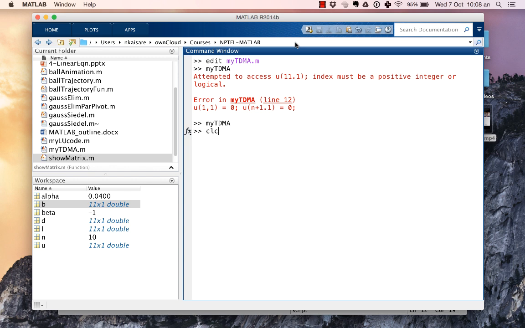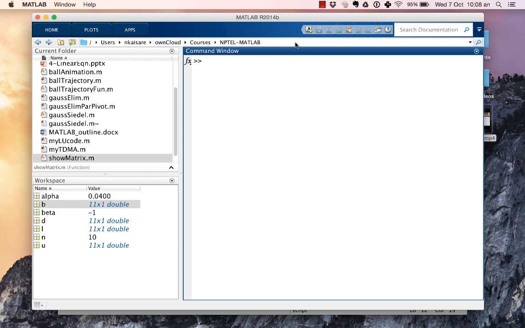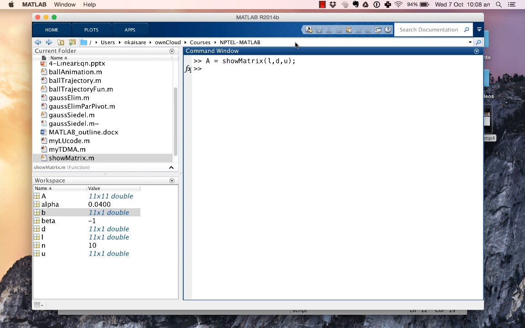So clc. What I had also done was create a small function called show matrix. So if I call this show matrix and give LDU, okay, I'll get our A matrix over here. This is just for our ease of discussion, and I will just print the first 5 elements of this.